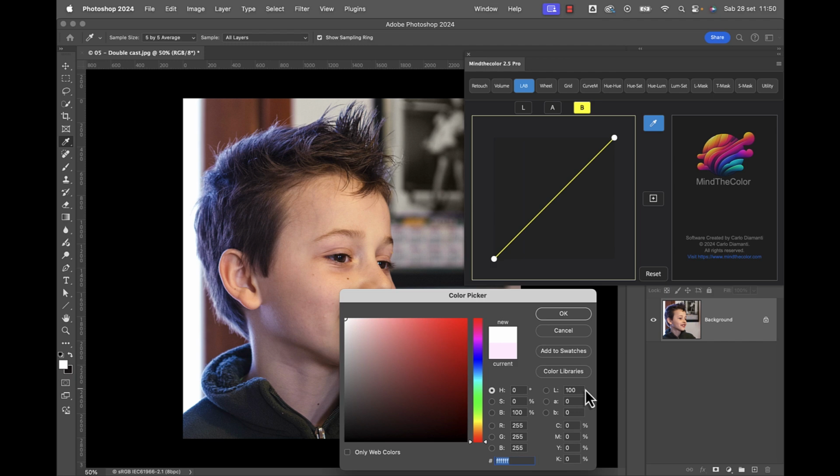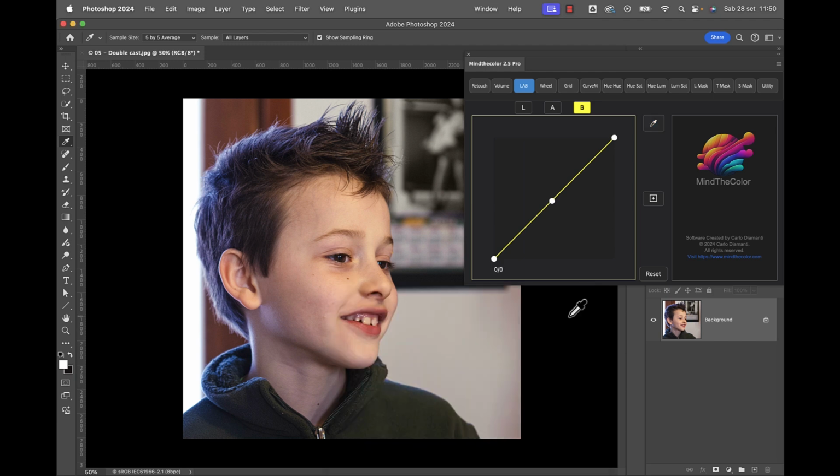We are currently working on the B curve, responsible of the blue-yellow component of LAB. If we click on OK, we see that the point is created in the middle of a curve. The middle of a curve corresponds to value 0. Negative numbers, which are related to blue, are below, while positive numbers related to yellow are above.